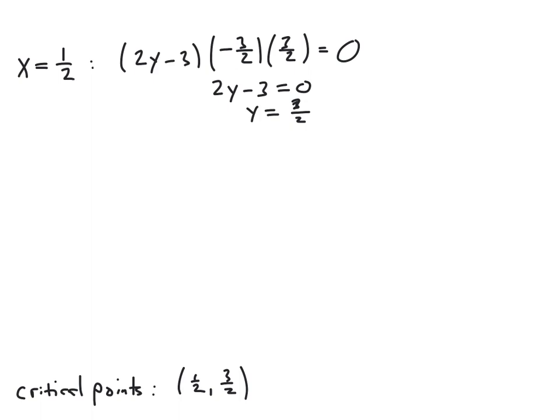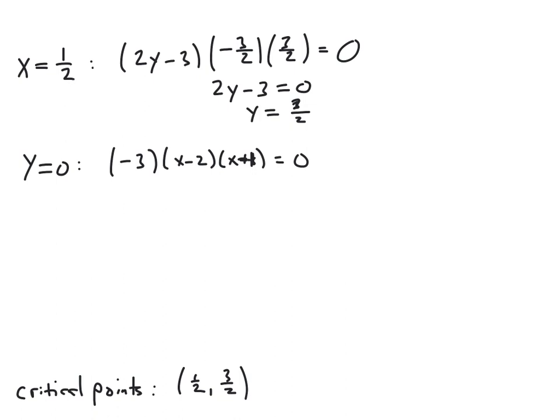Now, our other two possibilities from solving f sub x equals 0 involve y. For example, we have y equals 0 as one of our options. So we know f sub x is 0 in that case. I'm going to substitute y equals 0 into the equation f sub y equals 0. When I do that, the first term is a negative 3. It's 2 times 0 minus 3. The other terms, x minus 2 and x plus 1, are unchanged because they are in terms of x. I'm sorry, that should be x plus 1, not x minus 1.